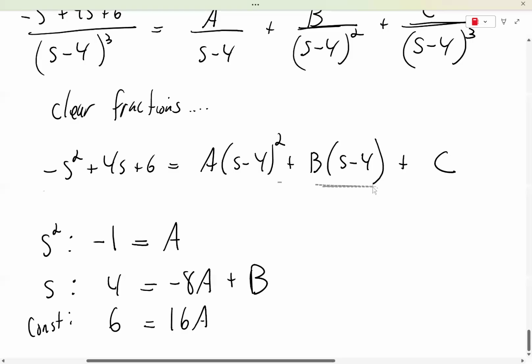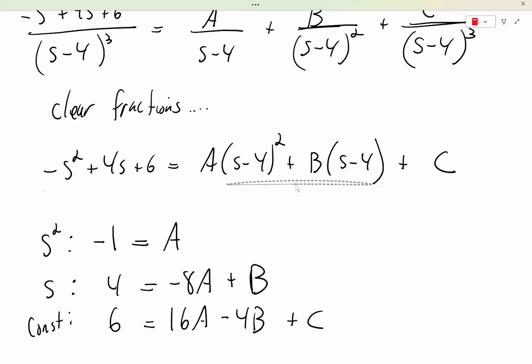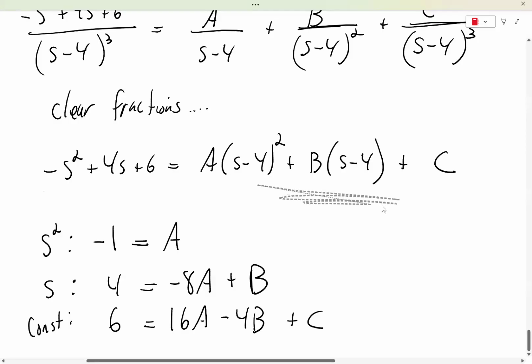Yeah, there's also going to be a negative 4B here, and then also the C. So that's how those would match up. Now you could multiply it out more and see it if you don't like that, but you can save yourself a little bit of labor if you just do that. Anything there so far?